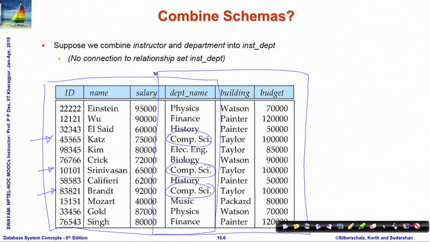So, given a department name, say computer science, we knew where it is located, the building, and what budget it has. Now, when combined, naturally, since computer science is located in the Taylor building and has a budget of say 100,000, all of these records will have this information repeated. So, this is not a very good situation.